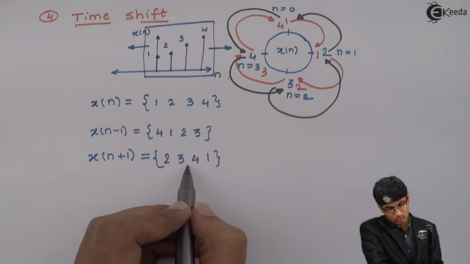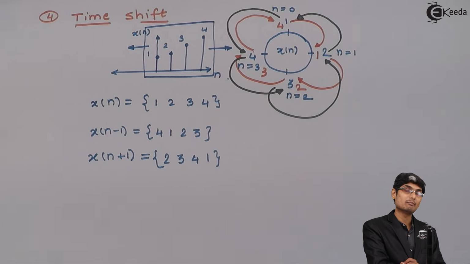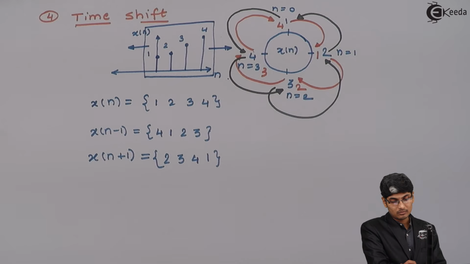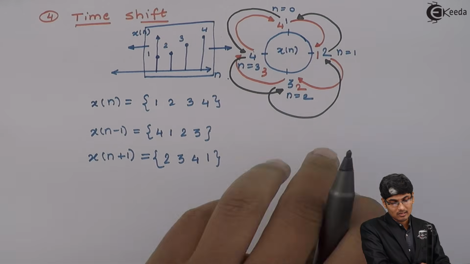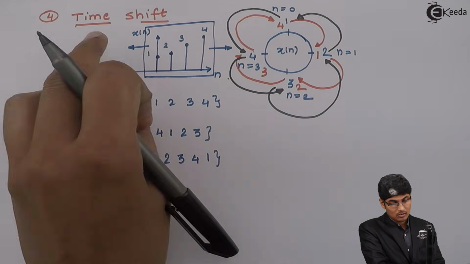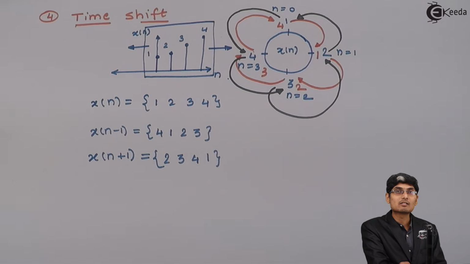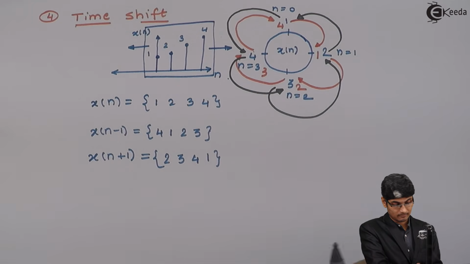So I'll get 2, 3, 4, 1. That's the sample values. Since this is circularly shifted, this is sometimes called circular shifting.